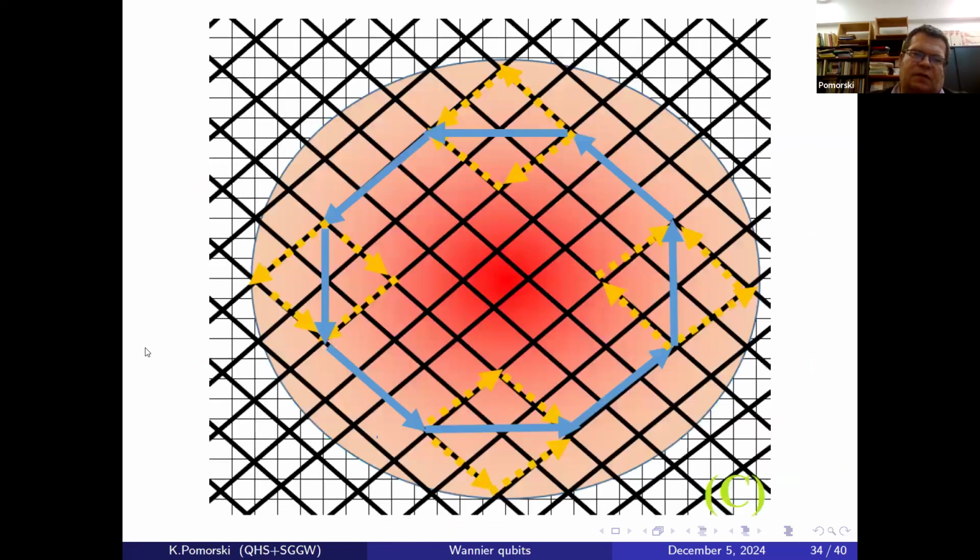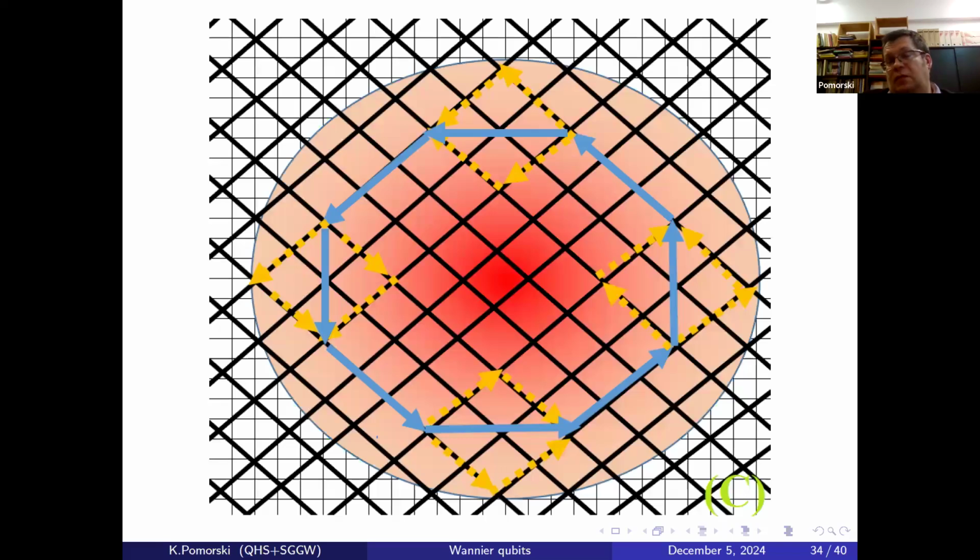Okay, and now I want to move to something more interesting. What can you do with this type of qubits? You can think about a lattice of semiconductor nanowires, and you can discretize the presence of a wave packet in free space by its presence on nanowires.